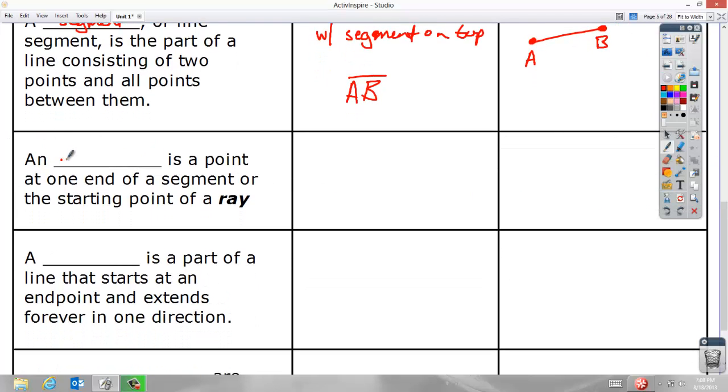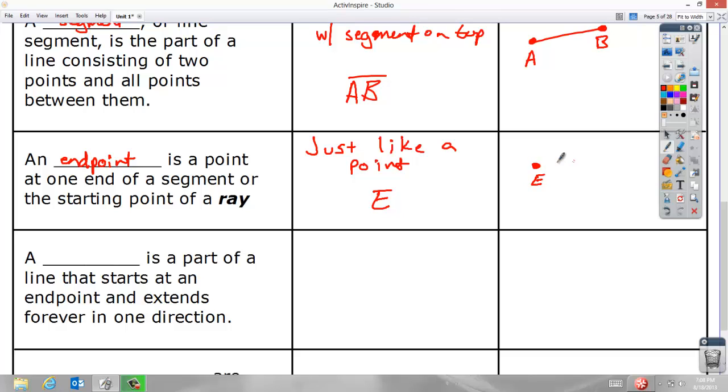And the next one, an endpoint, is a point at one end of a segment or the starting point of a ray. Okay, how do we write that? It is just like a point. So we have endpoint, capital letter, that's it. How will we see them?